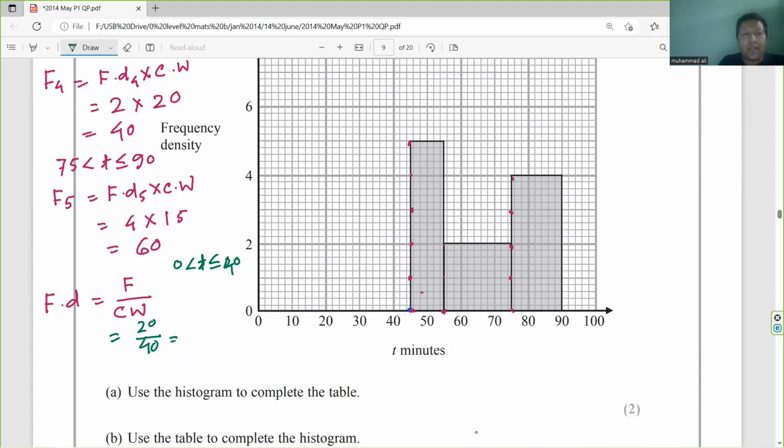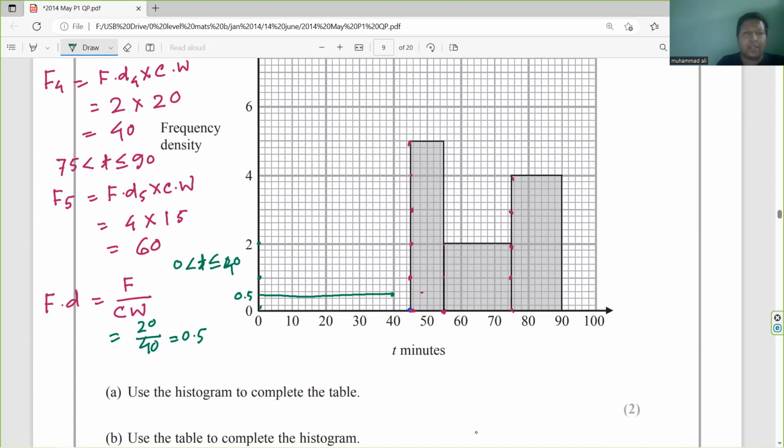If we divide this, we get 0.5. So for 0 to 40, the frequency density is 0.5, and we represent it here.